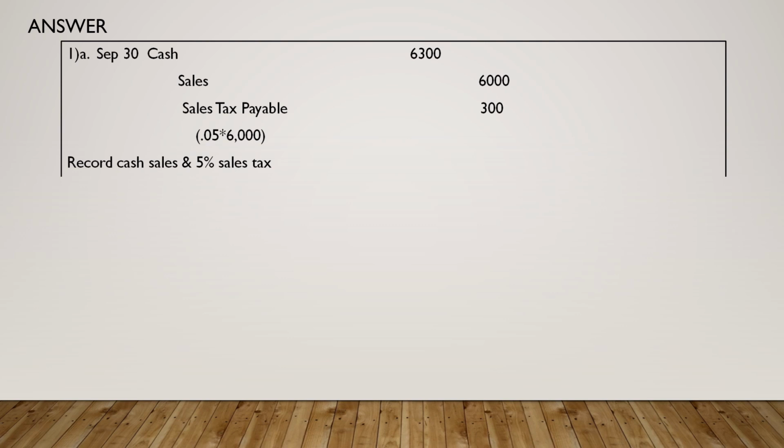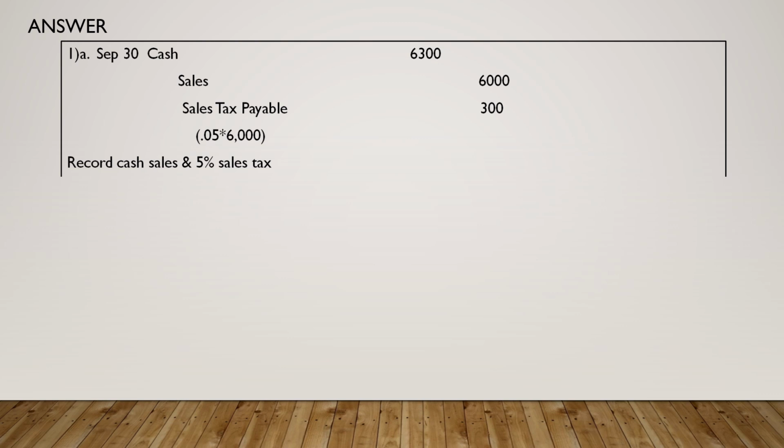Okay, so the entry will be as follows. First, debit cash, credit sales, and credit sales tax payable. The sales that happened is with 6,000, so credit sales with the 6,000. What about the sales tax payable? I am obliged, or I have a debt toward the government to pay the sales tax. However, I'm not going to pay it now. That's why it's called sales tax payable.